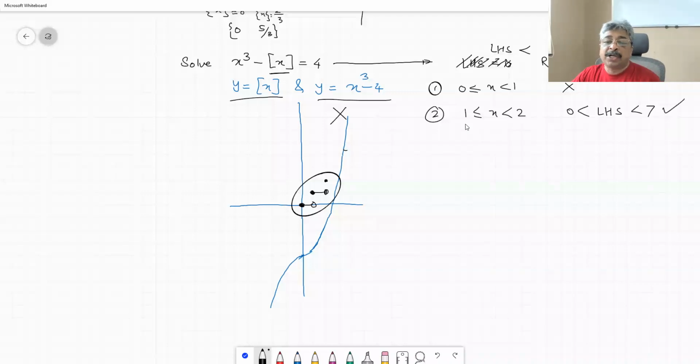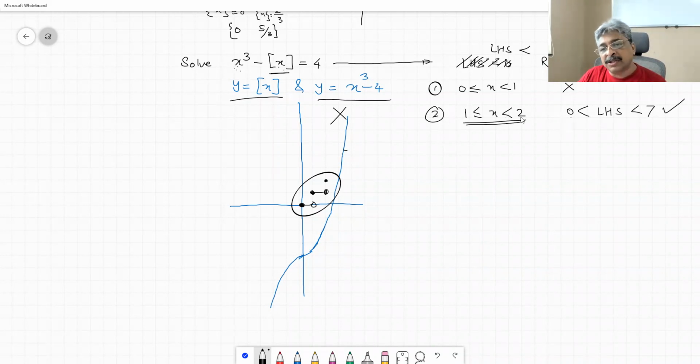So you have captured the range of x. If you put x is equal to 1, you get 1 cube minus 1, which is 0. So LHS is captured between 0.